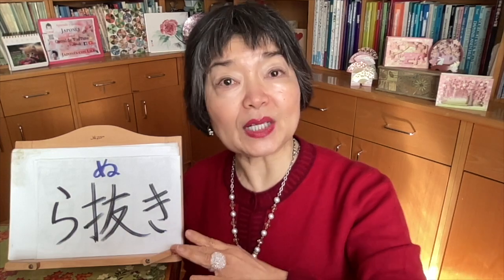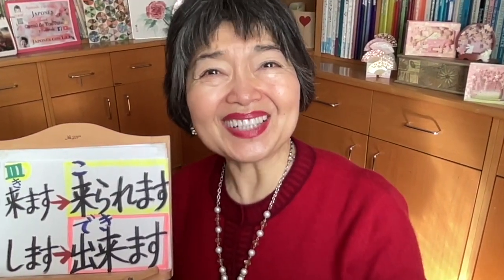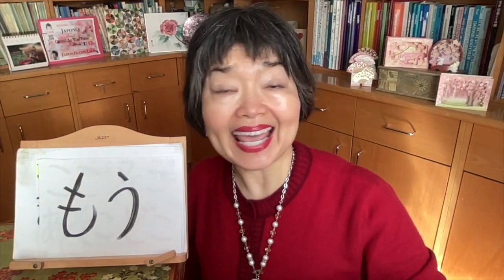Now again the same sentence, but now with ら抜き, omitting ら. And this is not so correct, but many people speak like this. 明日本当に来れる?